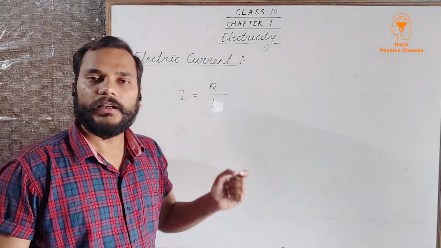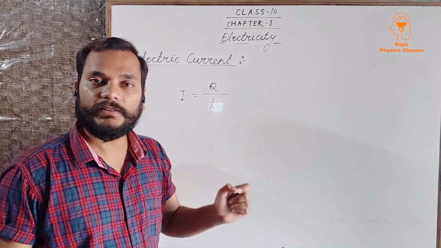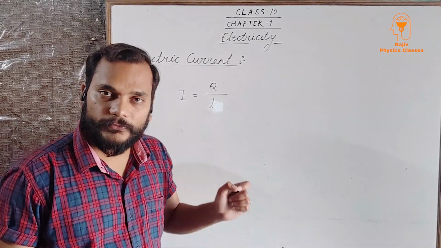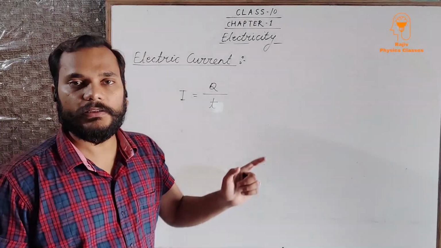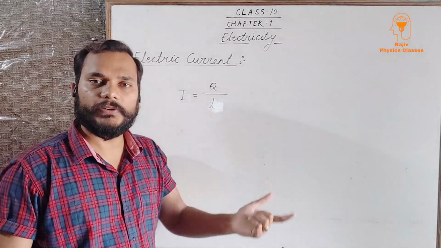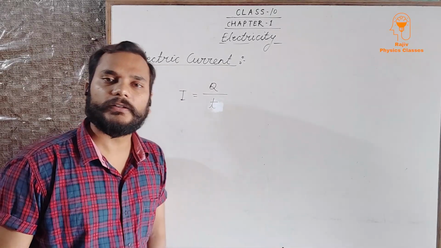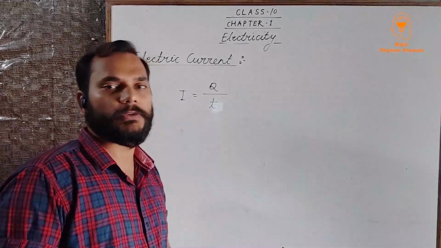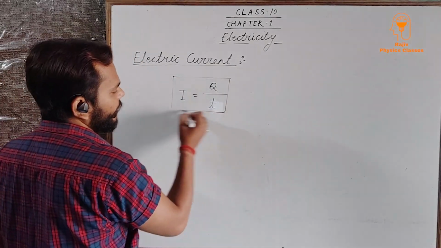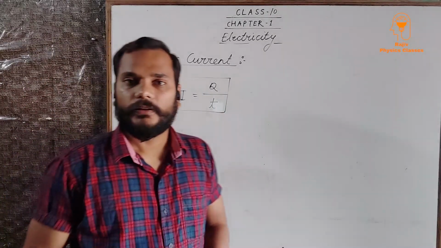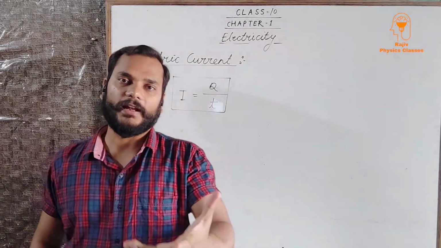What is the definition? Electric current is defined as the rate of flow of charge with time, or in other words, we can also say that electric current is defined as the flow rate of electric charge with time. That is I is equal to Q upon T. This is the definition of what electric current is.